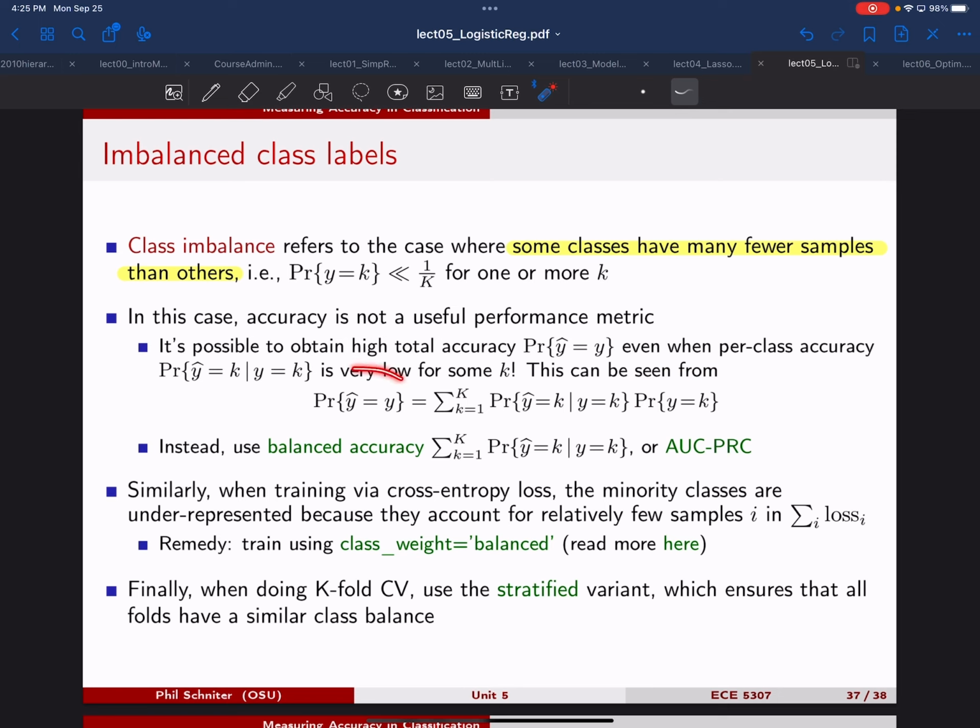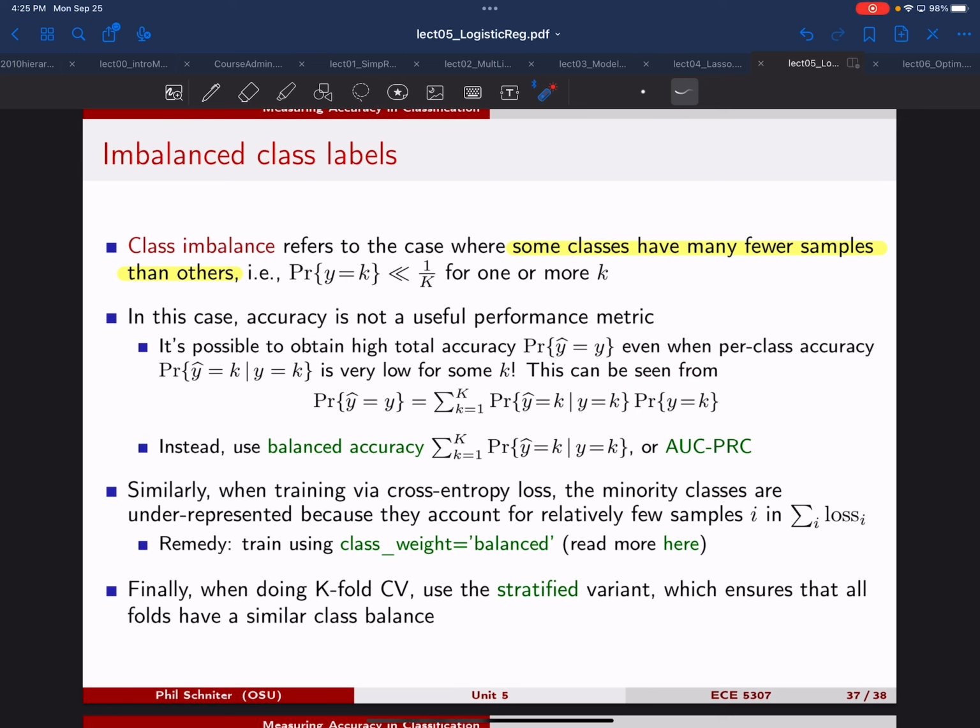And if I want to get 99% here, then what I could do is make a trivial classifier that sets this probability y equals k, 100% chance for my majority class, 0% for my minority class. And the reason why this is failing is that this term is assigning all the weight to the majority class.